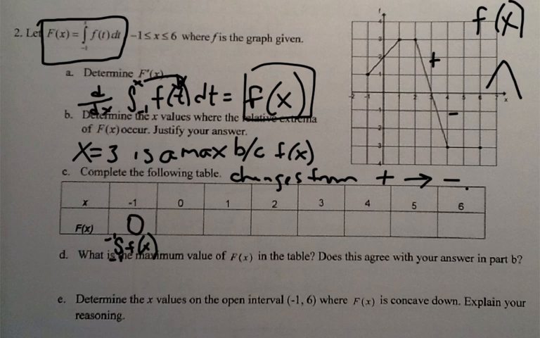Then from -1 to 0 would be the area of this region, which is 1.5. Then we add on the area of this region to get 4. Then we add on this region to get 7. And then we add on this triangular region here to get 8.5.